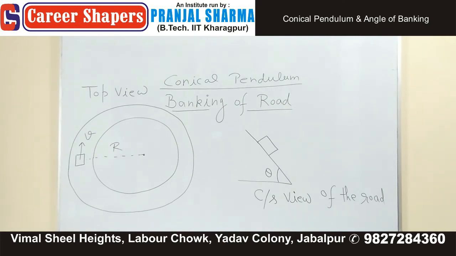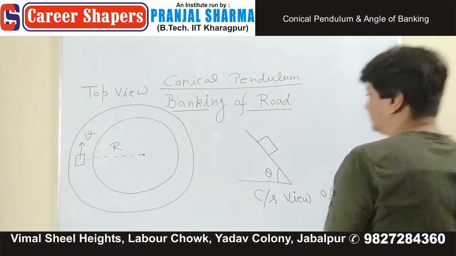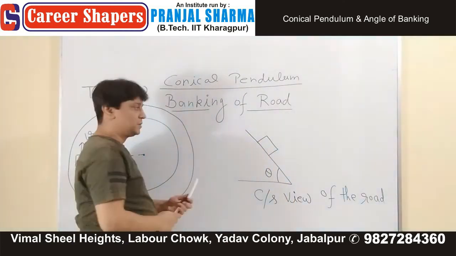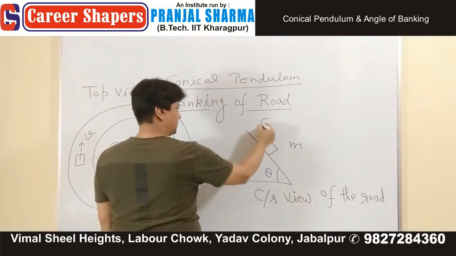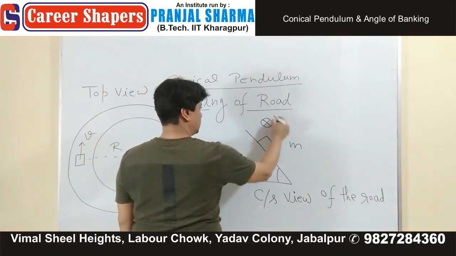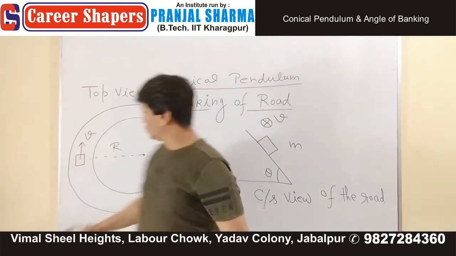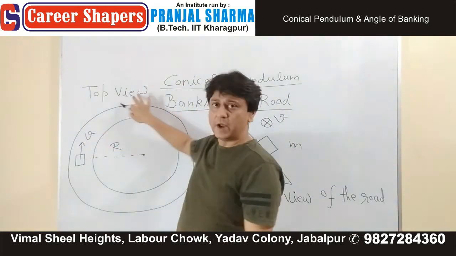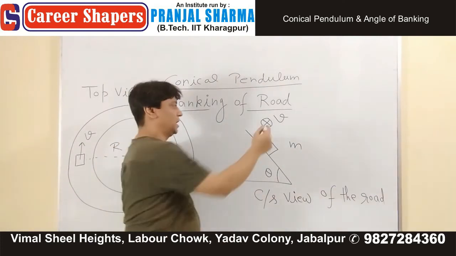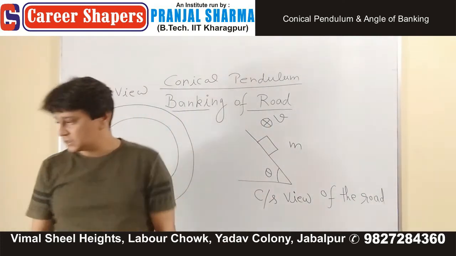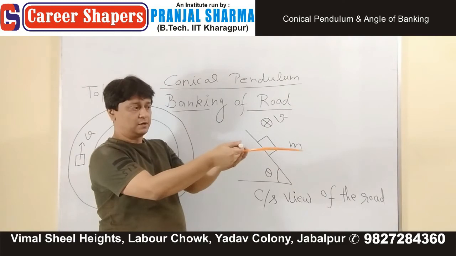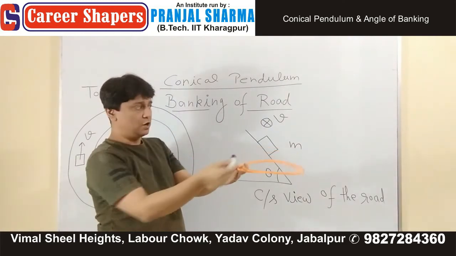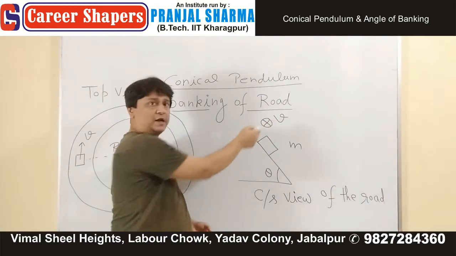Yes or no? Good. So in this view, this car of mass m is going inside, which is shown with the help of a cross. This is V. The V you see in the top view, in the cross sectional view you see it going inward. When the car goes on this lifted track, if I asked you to draw it, you would say it's going in.